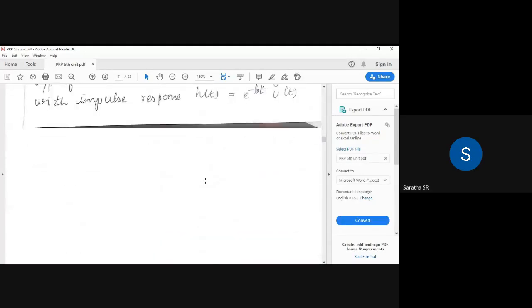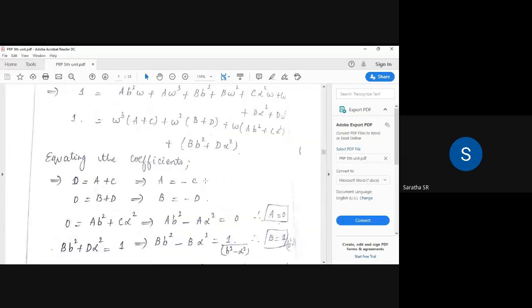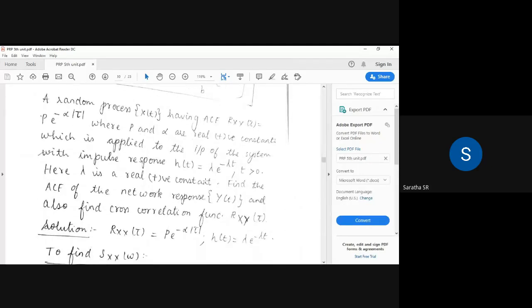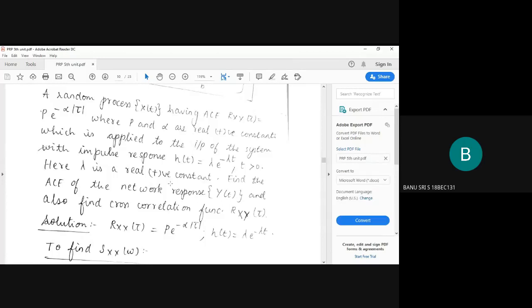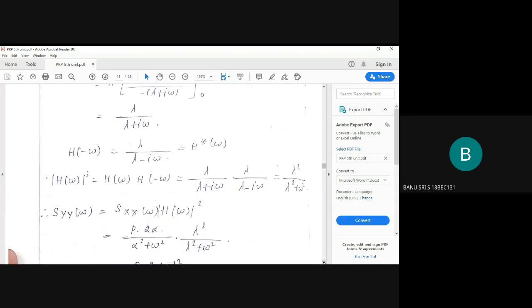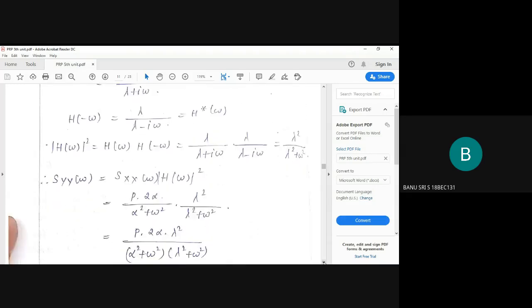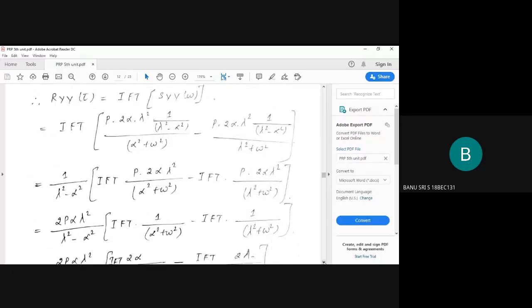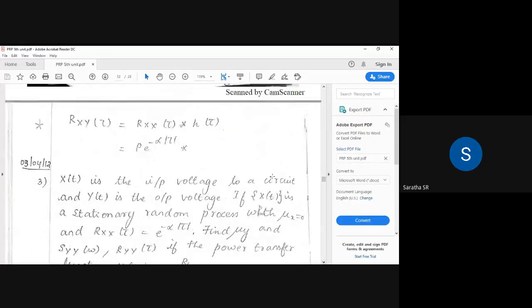This is the first problem. This is the second problem. This problem only, no? Yes, ma'am. The last step. Here. This only, no? Yes, ma'am.